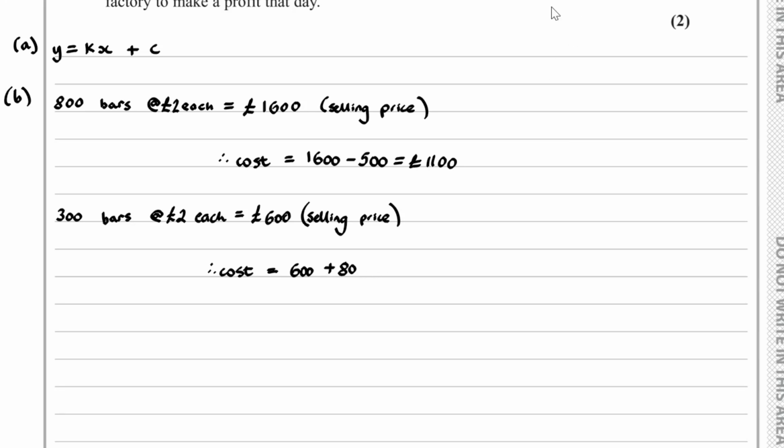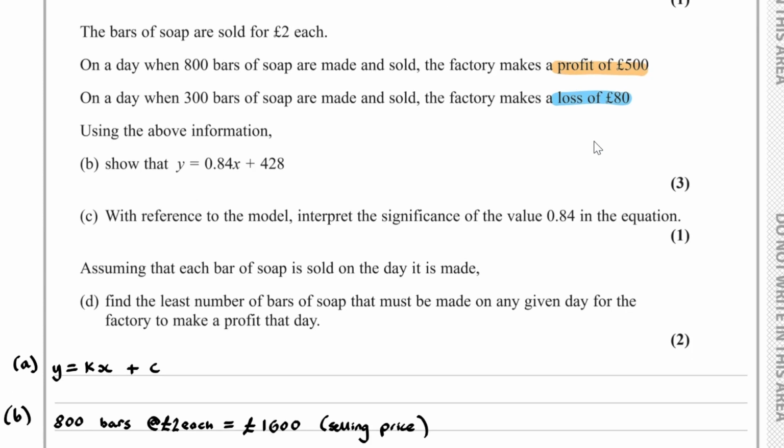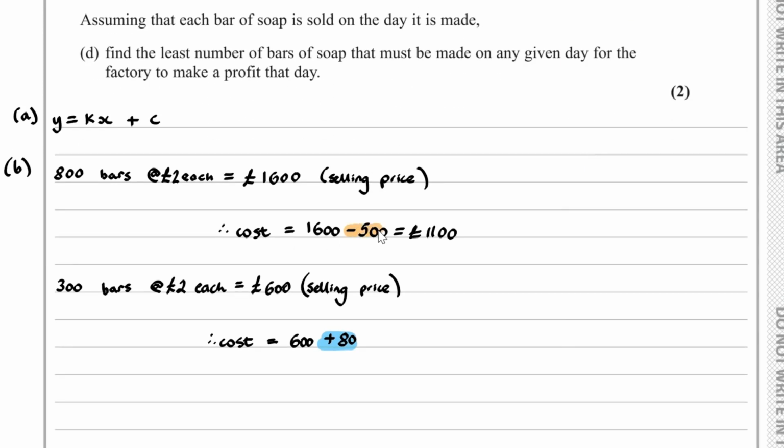Remember that with a profit of £500 we subtract off the 500 from here. And therefore what you'd find over here, the cost to make these 300 bars of soap, that will be £680.